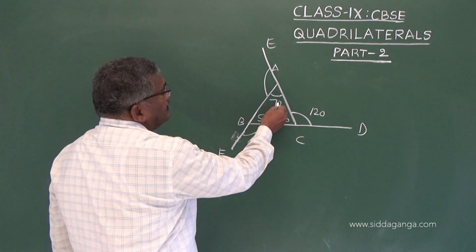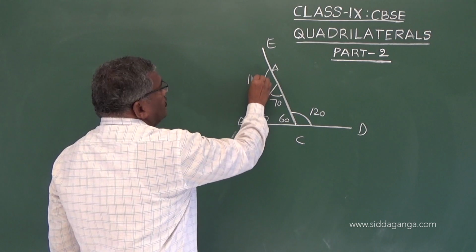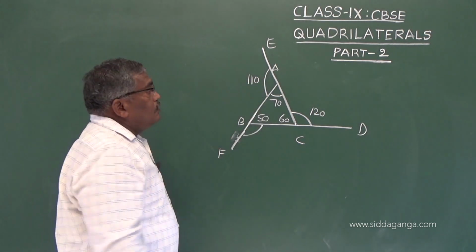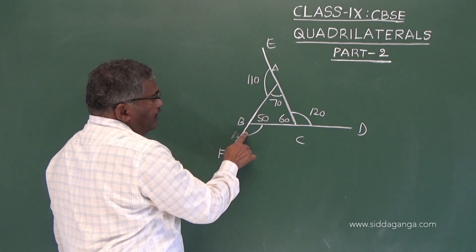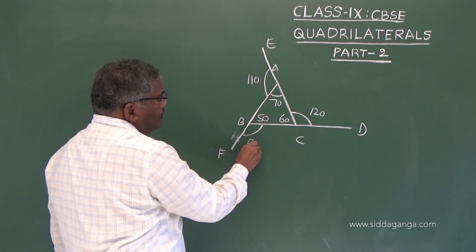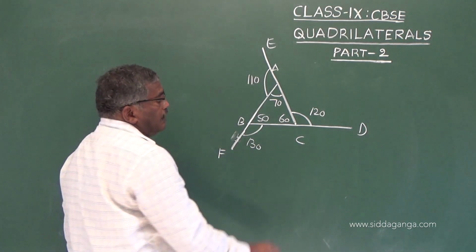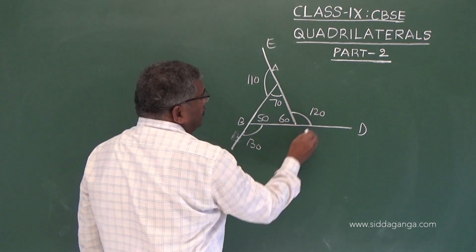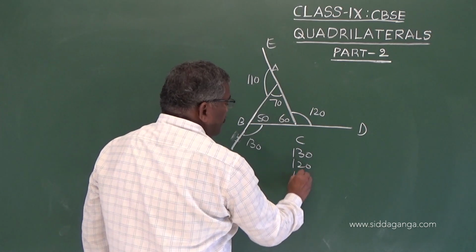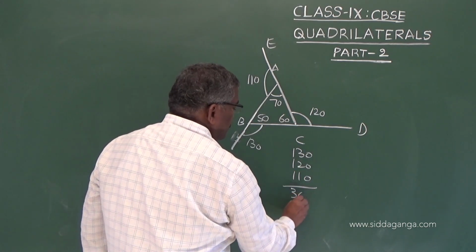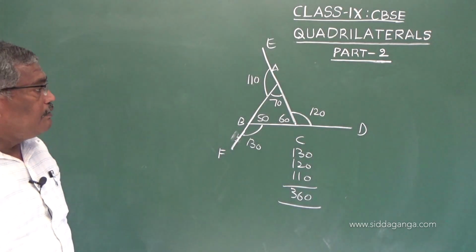Similarly this is 70, the total is 180, so this is 110. Because 50 and this angle are a linear pair, this is 130. Now you add the total of the three exterior angles, 130 plus 120 plus 110. So this is 360 degrees.